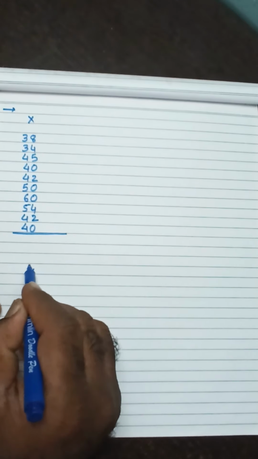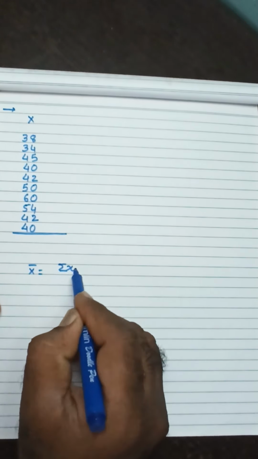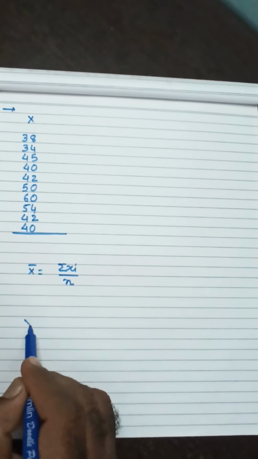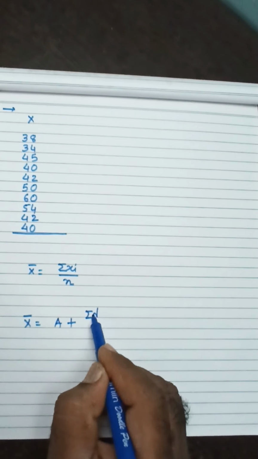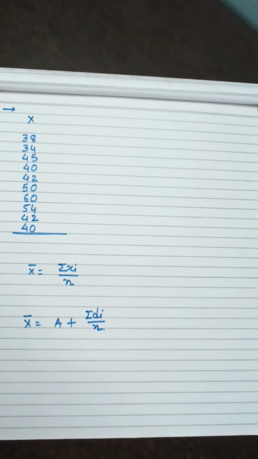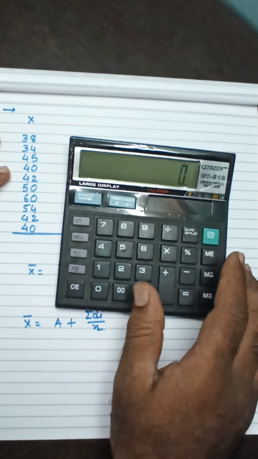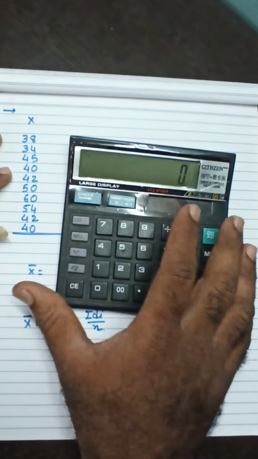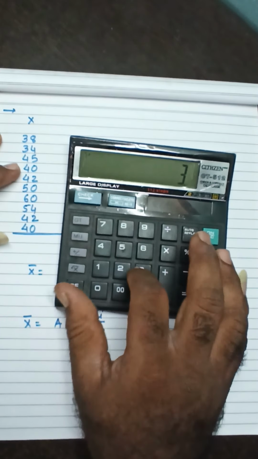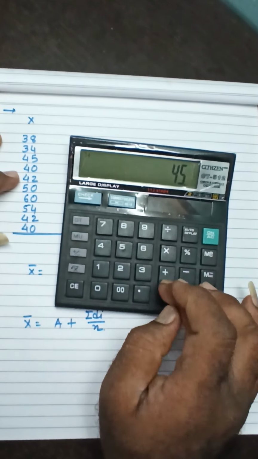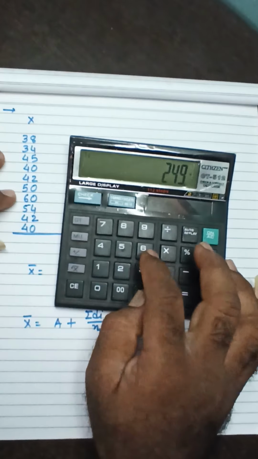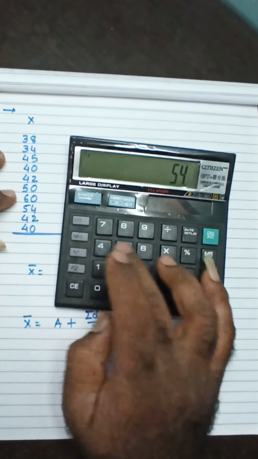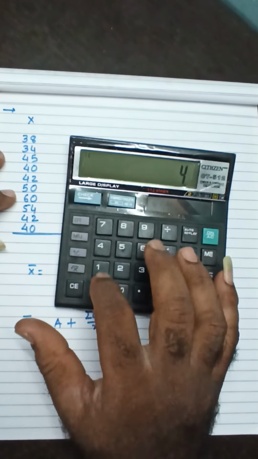So the first formula is x bar is equal to sigma of xi upon n, and the second formula is x bar is equal to a plus sigma di upon n. Okay. Now let us check the total. 38 plus 34 plus 45 plus 40 plus 42 plus 50 plus 60 plus 54 plus 42 plus 40.